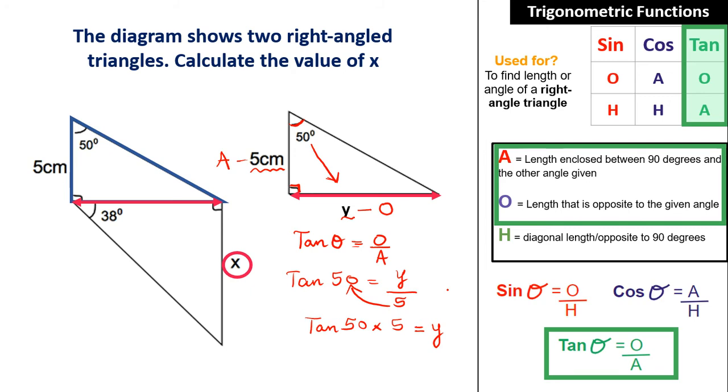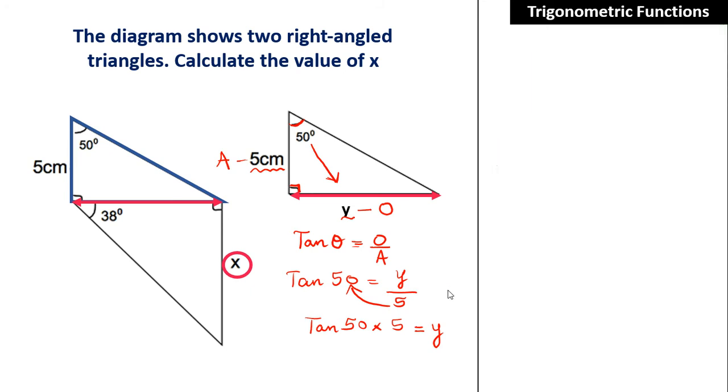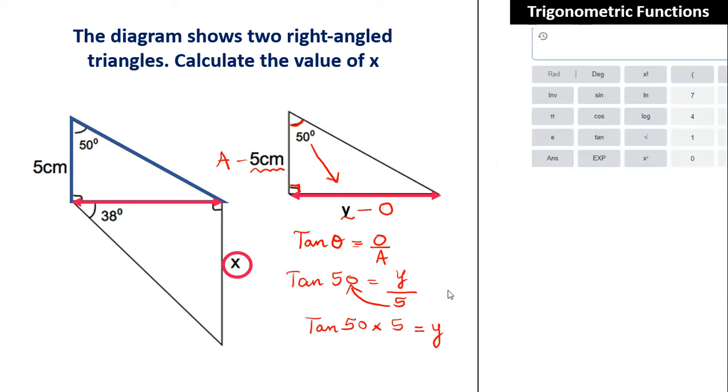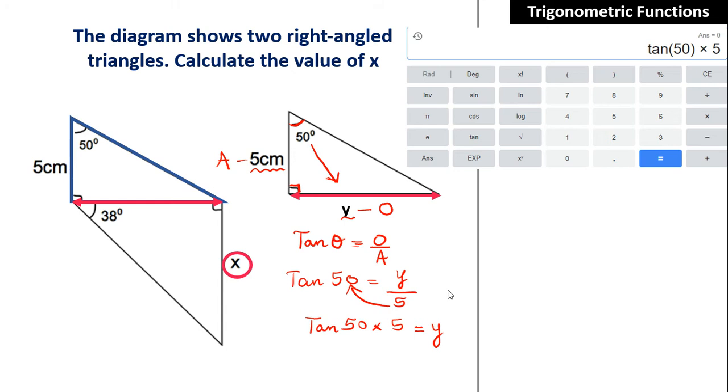Now, going back to your scientific calculator, if you have a physical scientific calculator, that's well and good. You can go ahead with that. If you don't, just Google it and you will have a pop up like this. Make sure that your calculator is set on degrees, and then you will write tan 50 times 5, and tan 50 times 5 is something like 5.9587, and so on.